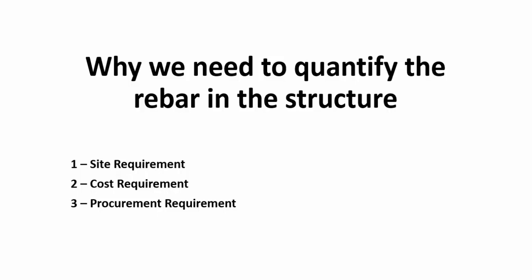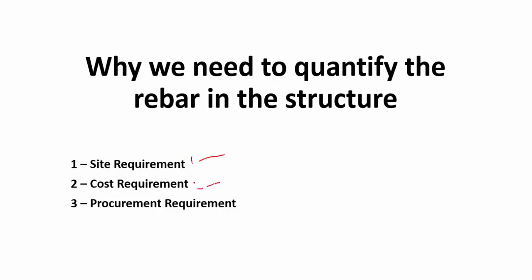So what we mean basically by site requirement, as you can see, is where construction work is ongoing. So whatever we are doing to construct, we are going to construct a new design, new building, or new structure. So this is the first requirement. The second requirement is cost requirement.